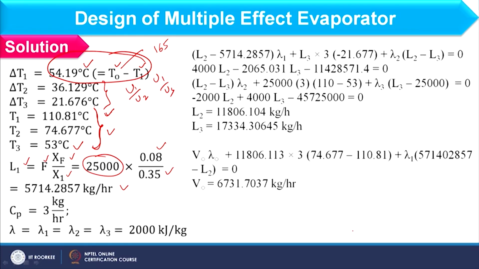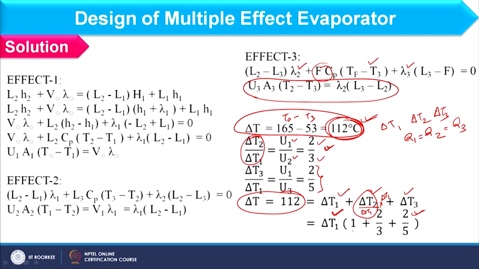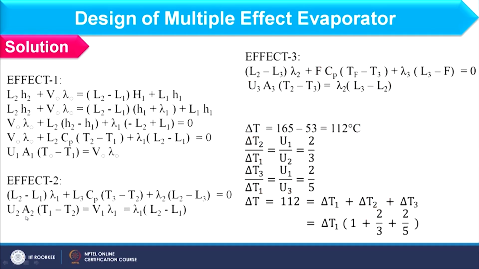To do that, let us focus on the governing equation again. When I focus on effect number 2 as well as effect number 3 and the enthalpy balance of these effects, if you focus on this particular equation, here I am having L1, L2, where L1 is known to me, L2 is unknown to me.